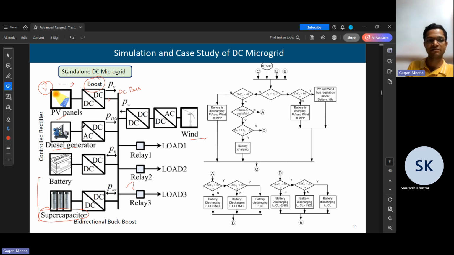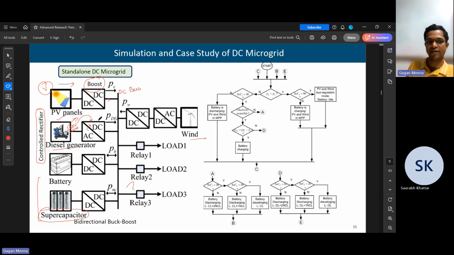Diesel generator. It will generate in AC. We need to convert it into DC. It's a controlled rectifier, AC to DC. Because here we do not want simply to convert AC into DC. Let's say it is operating at 230 volts. It is generating 230 volts.